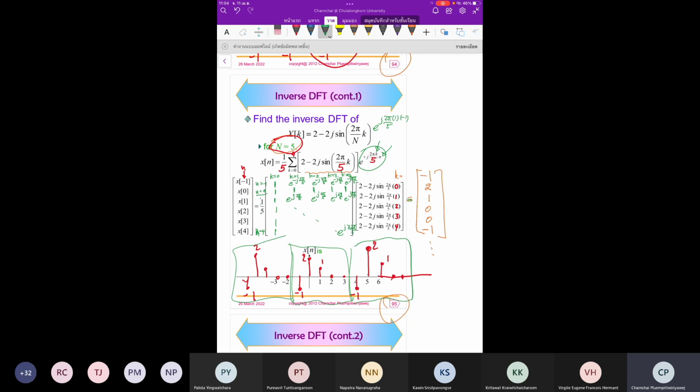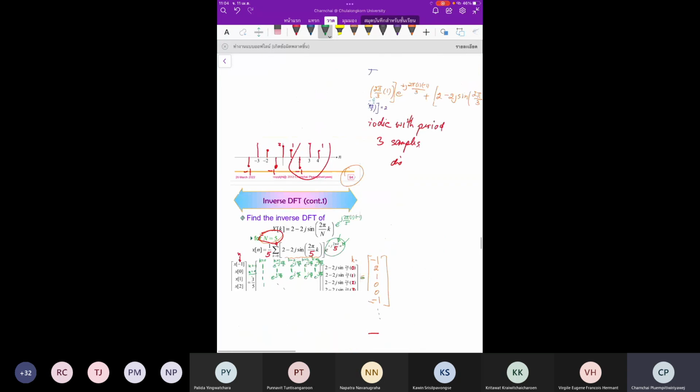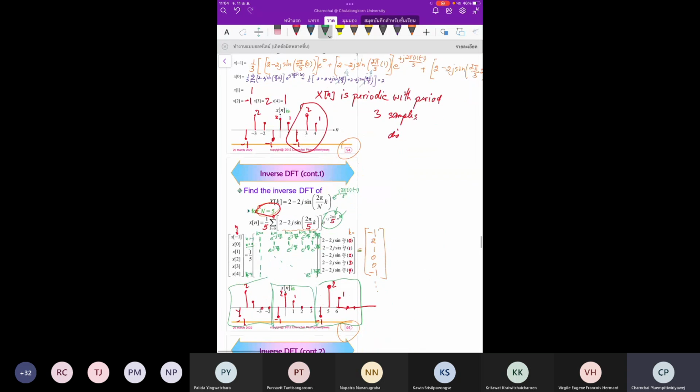It's the same as this one above, except it got 0 padding to make sure it is periodic with period 5 samples.